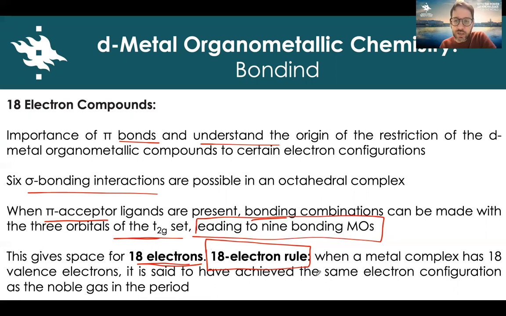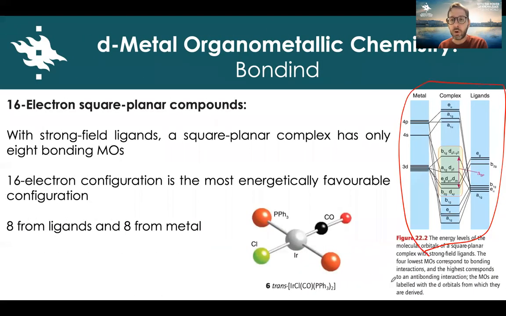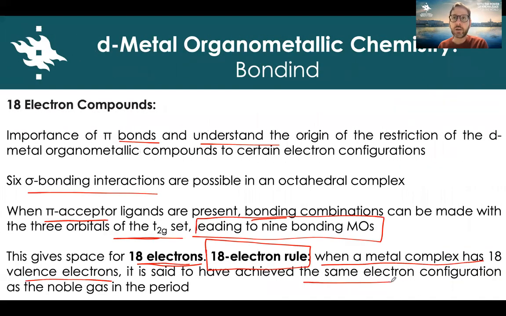This 18 electron rule states that when a metal complex has 18 valence electrons, it is said to have achieved the same electron configuration as the noble gas in the period, which means that all the bonding molecular orbitals are filled, while zero anti-bonding molecular orbitals are filled.